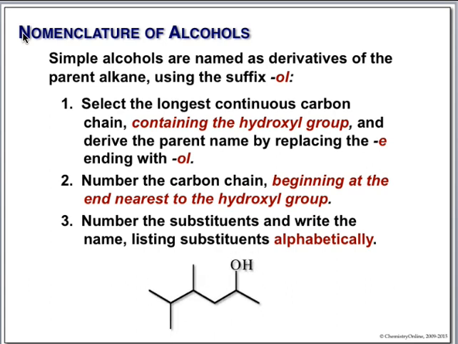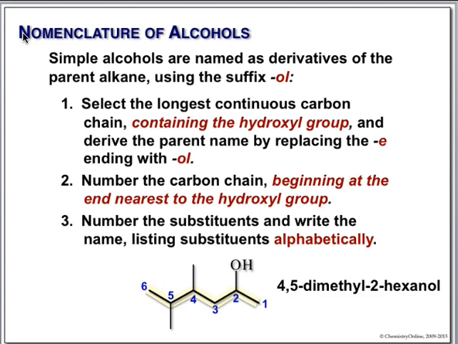If we were dealing with this guy, our parent chain must contain the OH group, so we're going to go down here. We're going to number it so the alcohol gets the lowest possible number. This is going to be a 2-ol, and we have methyl groups here at 4 and 5.